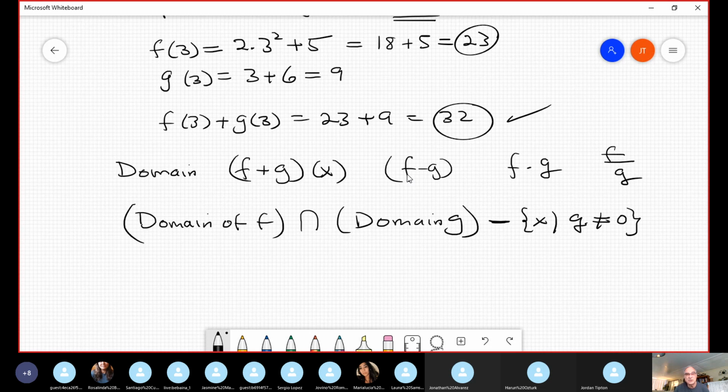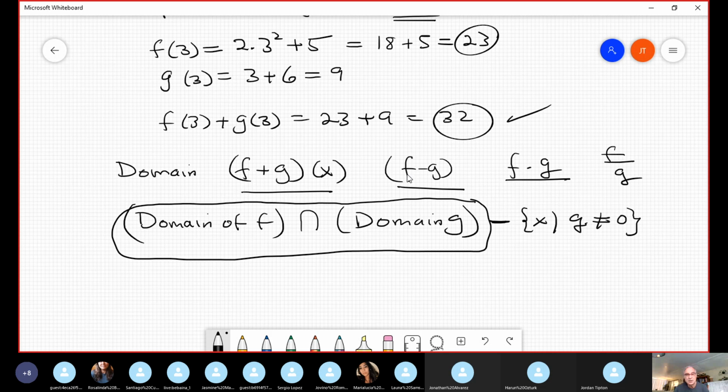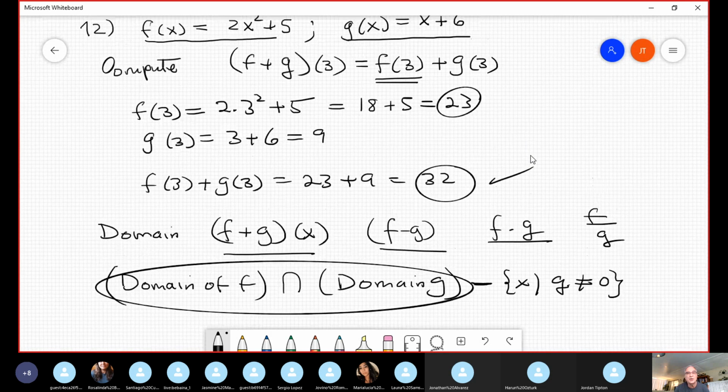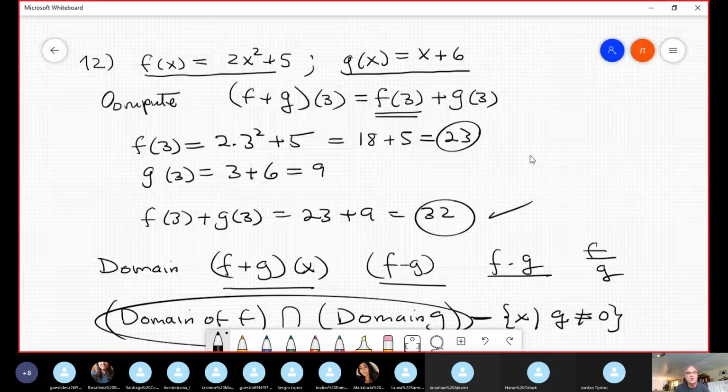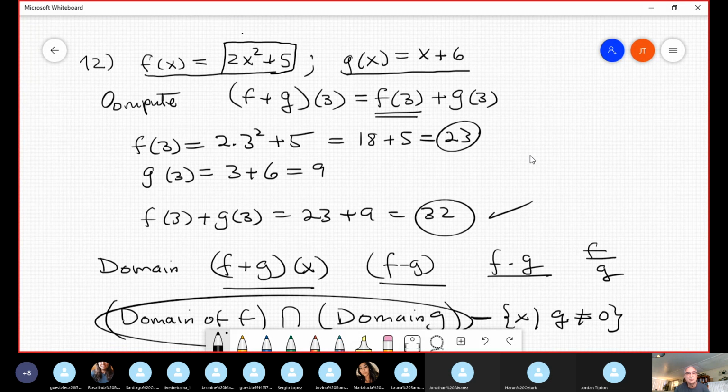But this is only that part. So we come back to the beginning. The domain of f and the domain of g are all real numbers because they are polynomial functions. This is a quadratic function, a typical case of a polynomial where the degree is 2. And this is linear because the degree is 1.